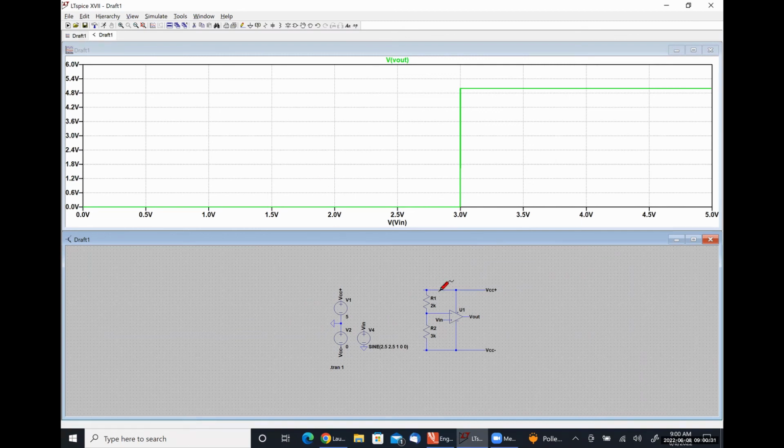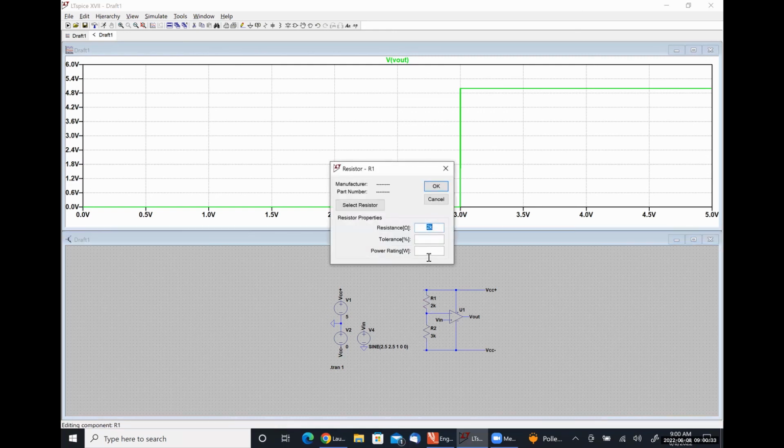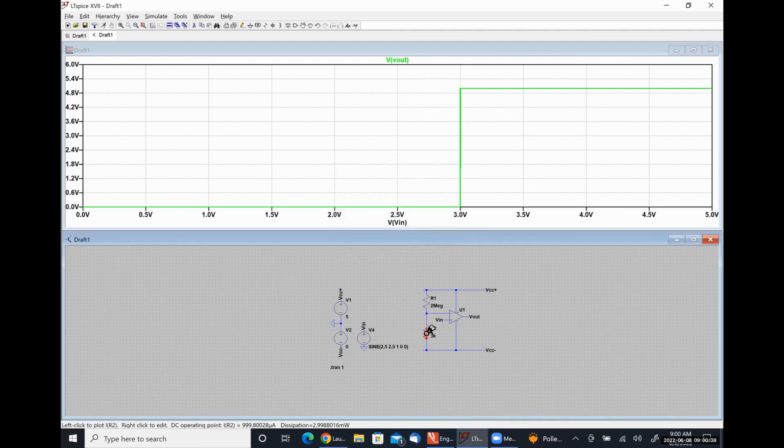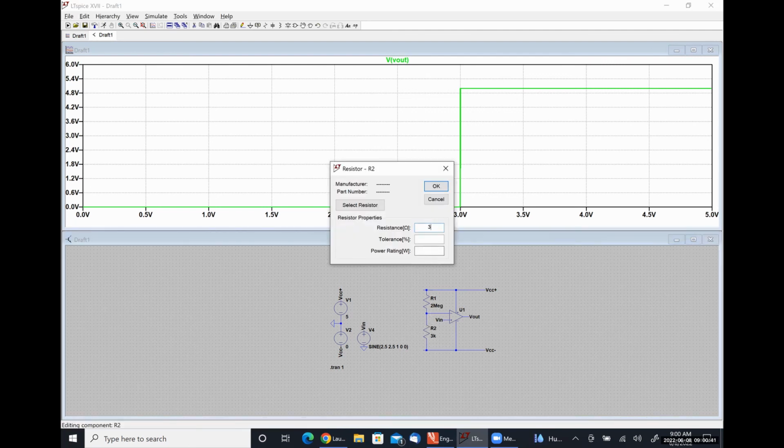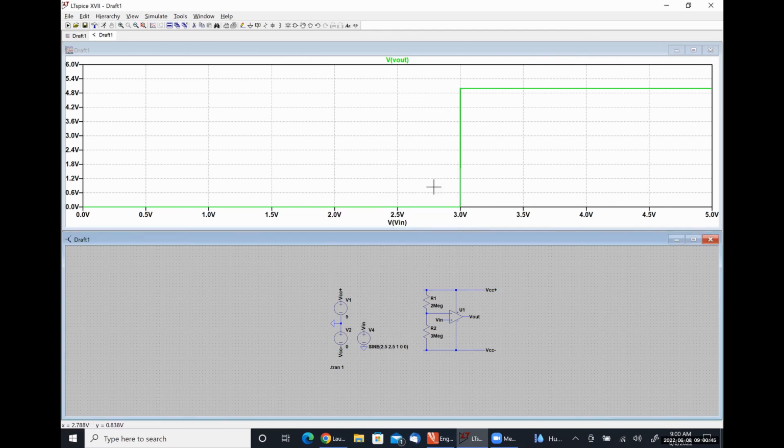Now, let's see what happens if I chose a 2 mega ohm resistor and a 3 mega ohm resistor, effectively making our resistor network have values on a similar scale as to our internal resistance of our op amp, right?